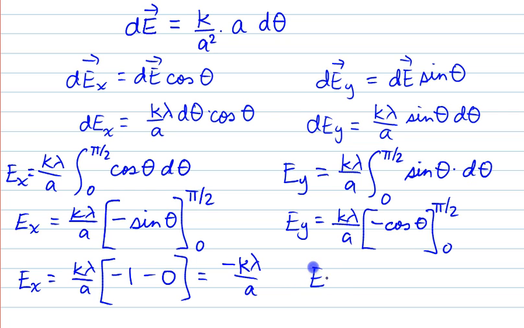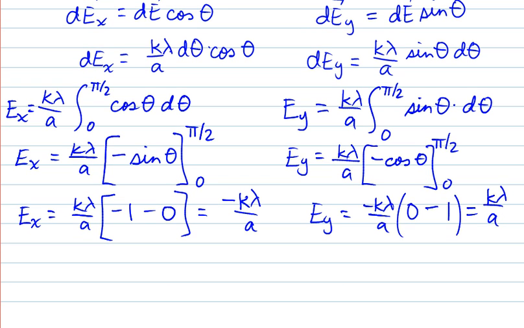And so that's going to give us, we can just take that negative sign out and write that the cosine of pi over 2 is going to be 0, and the cosine of 0 is going to be 1. Okay, so that's going to give us k lambda over a. And again, we're just looking at magnitude, so let's not worry about the sign too much.